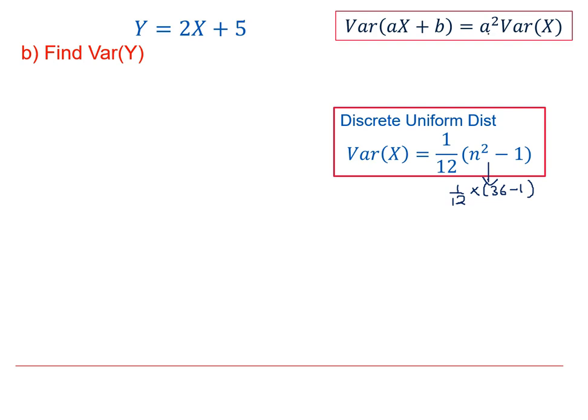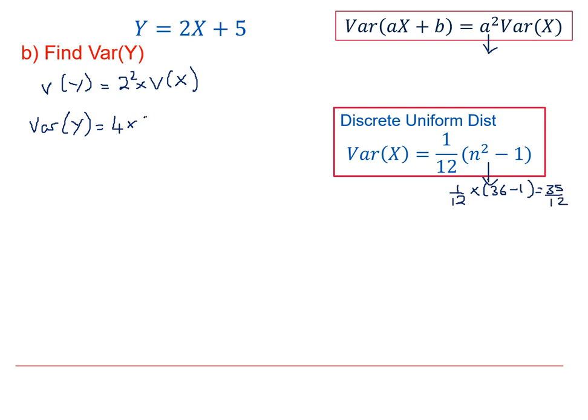And remember, the variance of ax plus b is just a squared multiplied by the variance of x. So the variance of y would simply be 2 squared multiplied by the variance of x. So variance of y is going to be 4 multiplied by, and this we can simplify to 35 over 12.